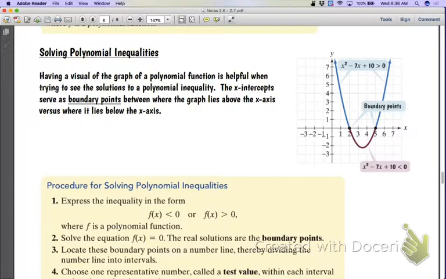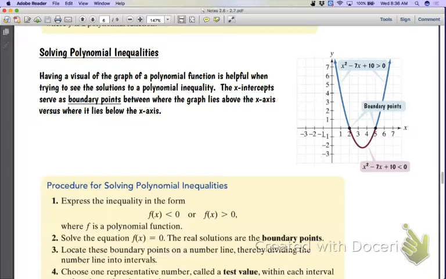So whenever we deal with, in this case, a quadratic, you have the part that is above 0, and you have the part that is below 0. The part that's above 0 is basically in blue, and the part that is below 0 is in red.